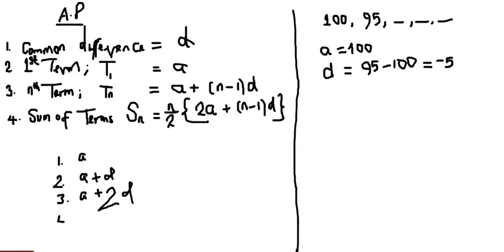To get the fourth term, and so on, you have A plus 3D.